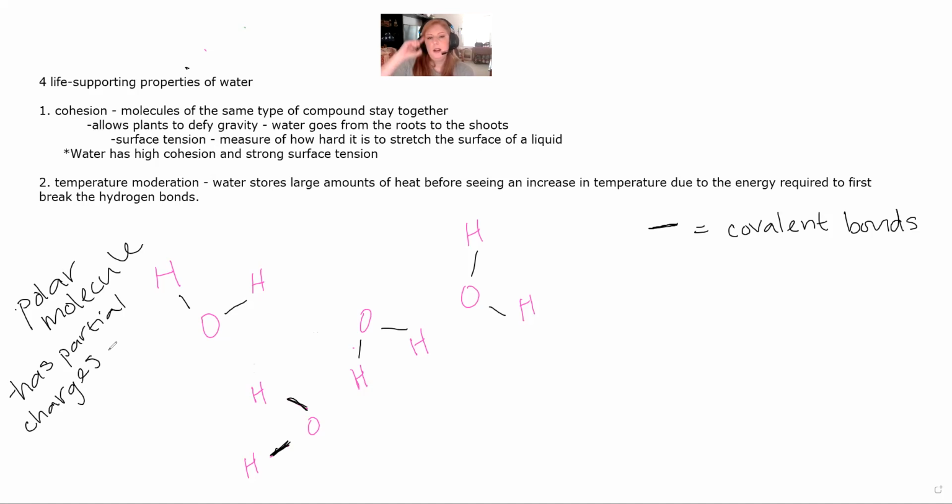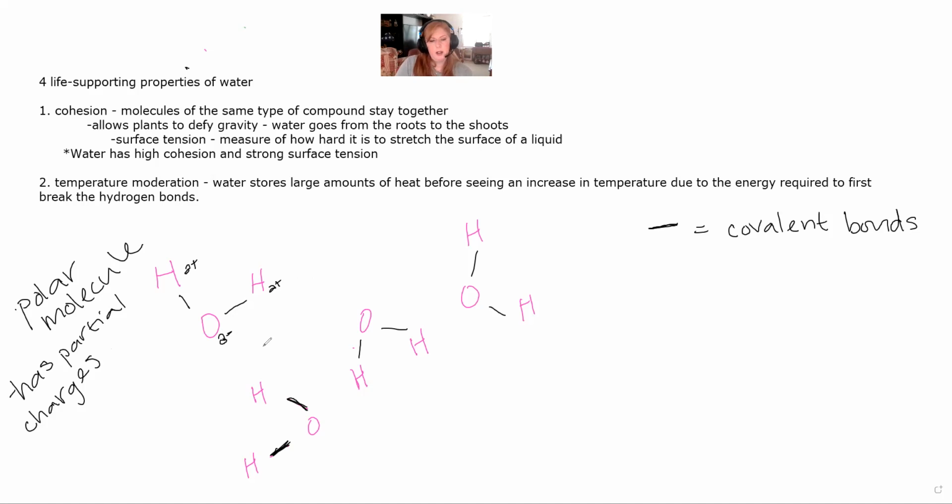Okay, they're not ions. They don't have a charge like sodium or chloride. The whole molecule itself will have a partial charge. So oxygen, having more electrons, has a partial negative charge, and the hydrogens have a partial positive charge.